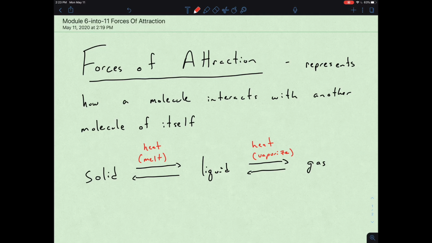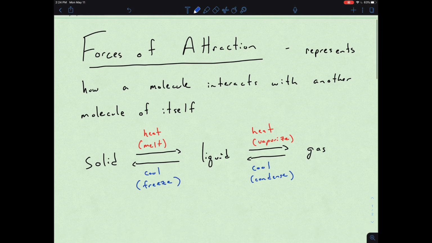But I can come back the other direction. I can condense gas to produce a liquid. Or if I cool even further, I can freeze a liquid and turn it into solid. So we have the ability to go between all these three states of matter.